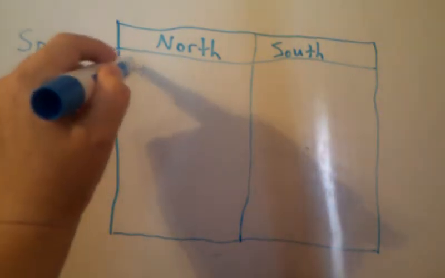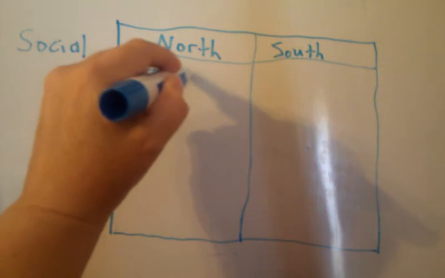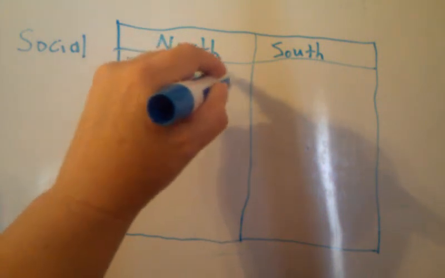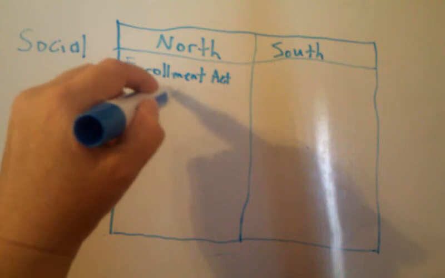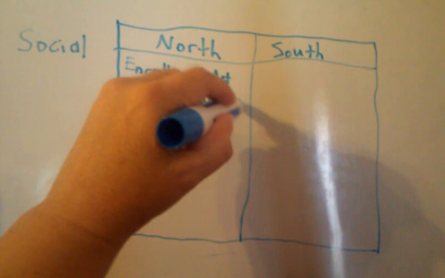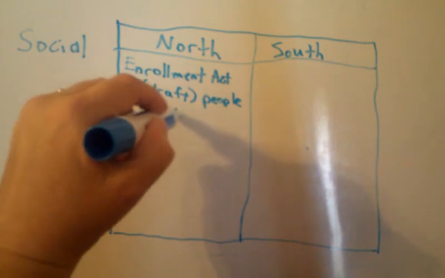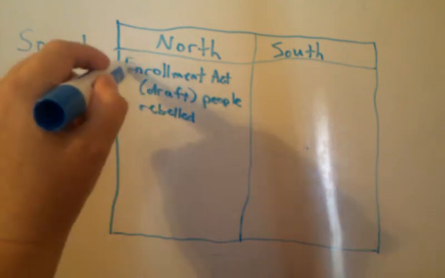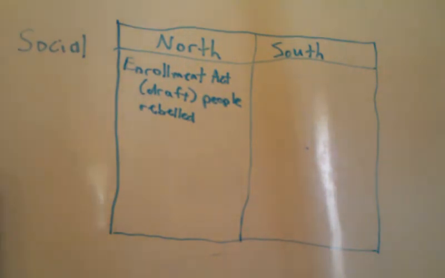Okay, the Enrollment Act. Now remember, this is also called the draft. It says people rebelled. In New York City, for example, a huge riot erupted. The governor of New York, Horatio Seymour, despised Lincoln and would often publicly ridicule the president.